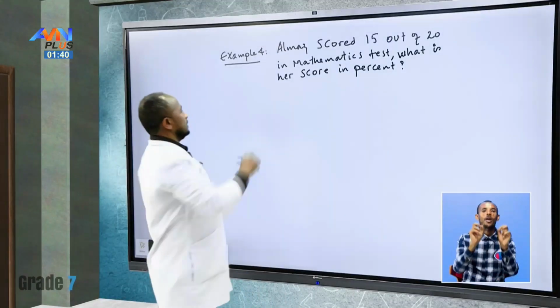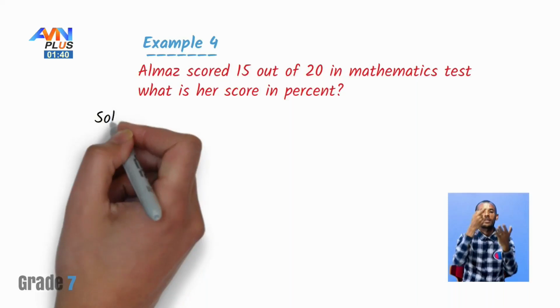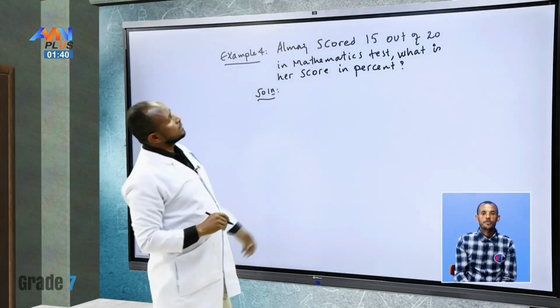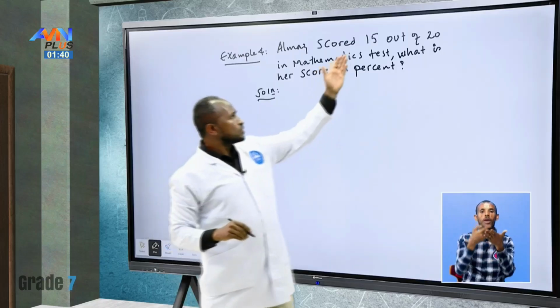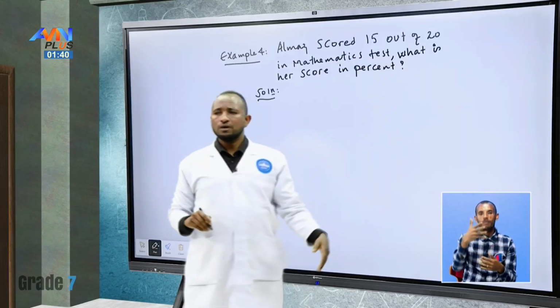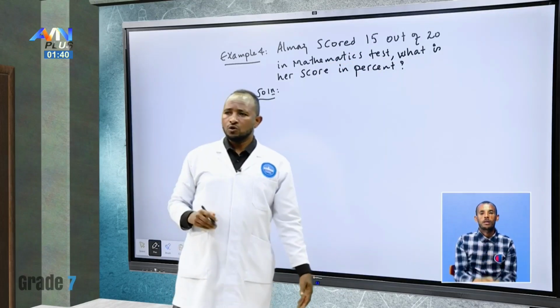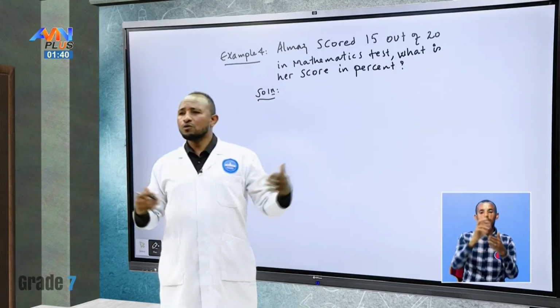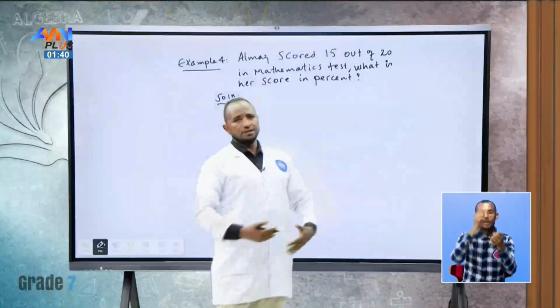Okay, let's try this. So here, Almaz scored 15 out of 20. I can express her score in fraction form, and then I will convert that into percent.